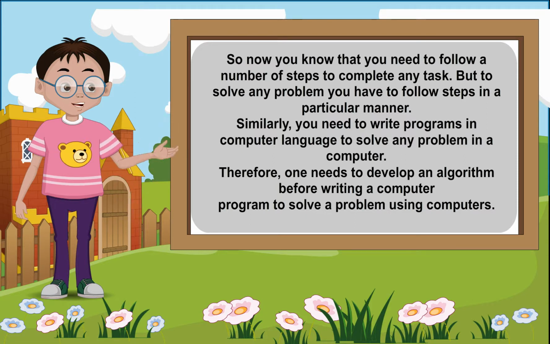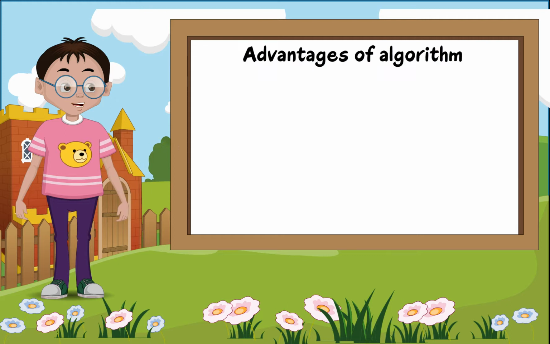But to solve any problem, you have to follow steps in a particular manner. Similarly, you need to write programs in computer language to solve any problem in a computer. Therefore, one needs to develop an algorithm before writing a computer program to solve a problem using computers.